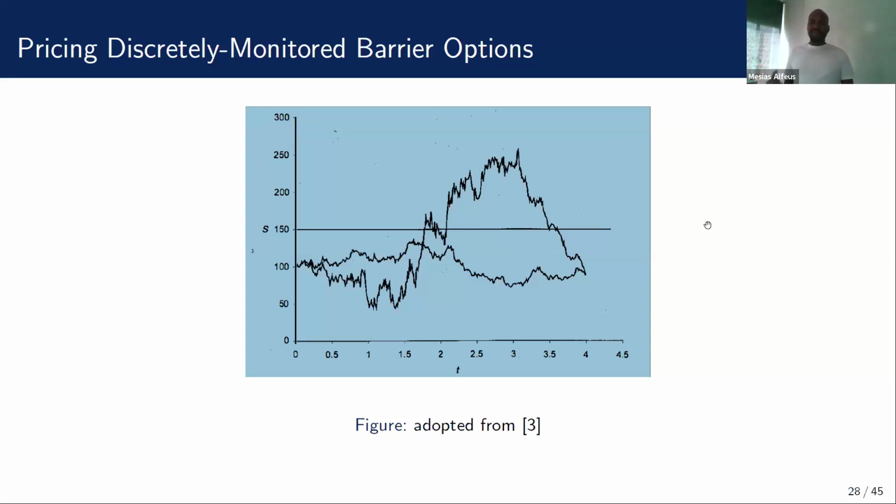If it's up-and-in, then it means you have to touch the barrier before maturity. If you don't touch it, then that is going to be worthless. And then the same applies to down: there's down-and-out, and then down-and-in. But here we'll be focusing on the up-and-out call options to simplify matters.